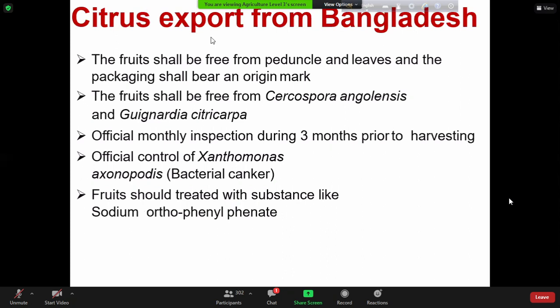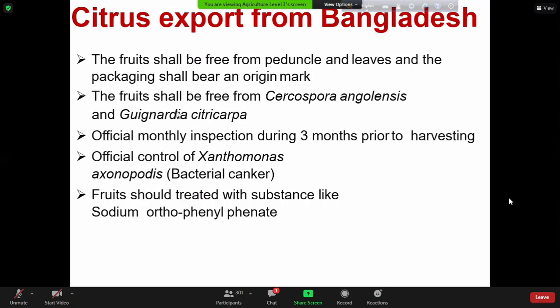And recently, citrus export from Bangladesh has been restricted because of the presence of Xanthomonas axonopodis, Cercospora angolensis and Guignardia citricarpa. Because of the presence of these pathogens, which are quarantine pathogens for the European countries and for the Middle East countries, the citrus having these pathogens in Bangladesh are not allowed to be imported in the Middle East or in the EU.